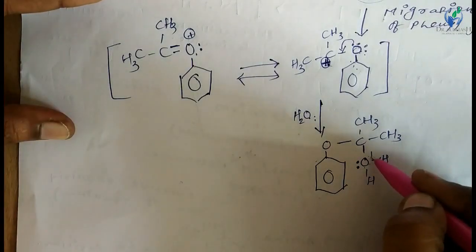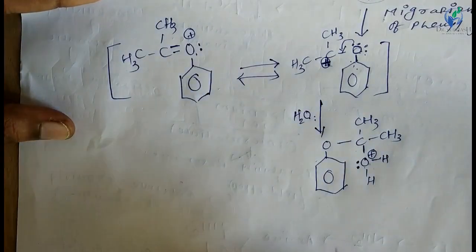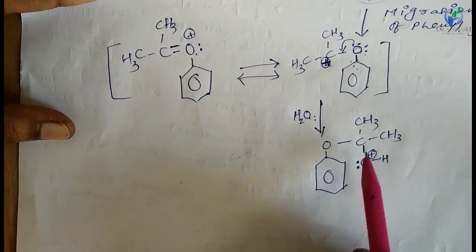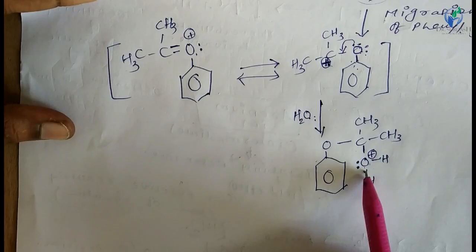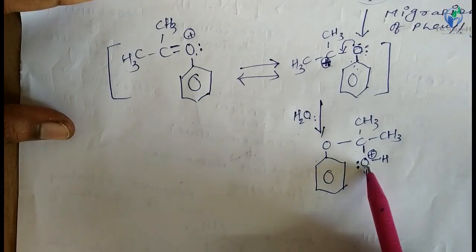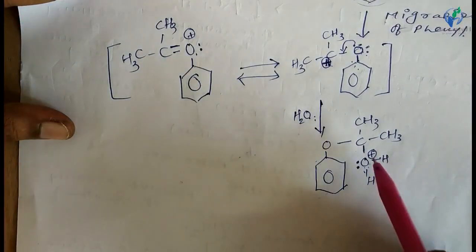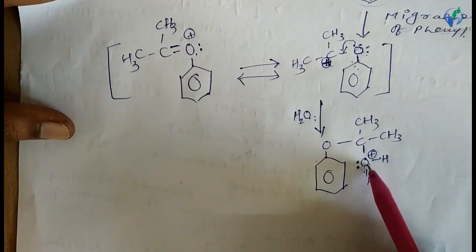So again this oxygen acquires the positive charge, right? Here again the lone pair of electrons of the oxygen atom is used to form the bond between carbon and oxygen, right? As we know, a positively charged oxygen atom becomes unstable and tries to become stable by regaining its lone pair of electrons.